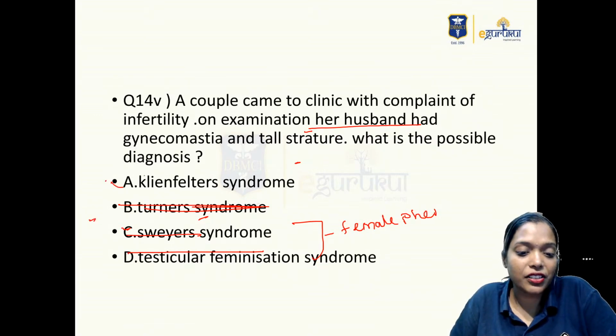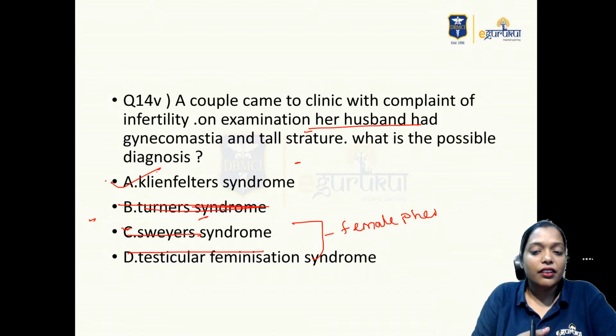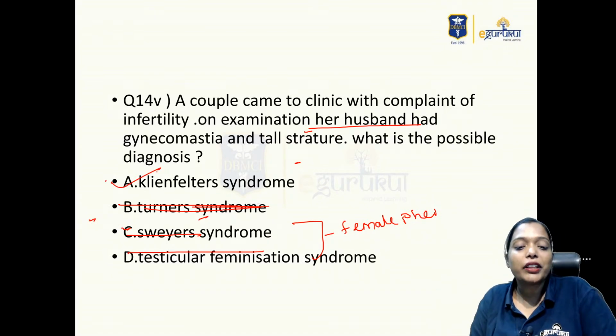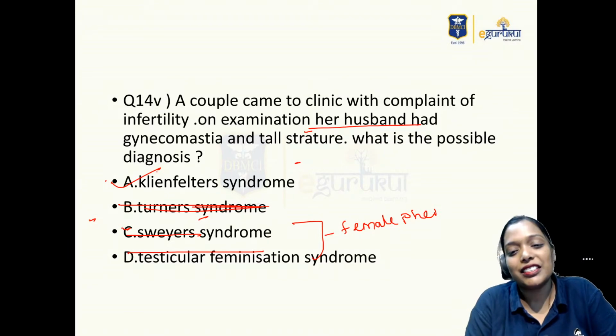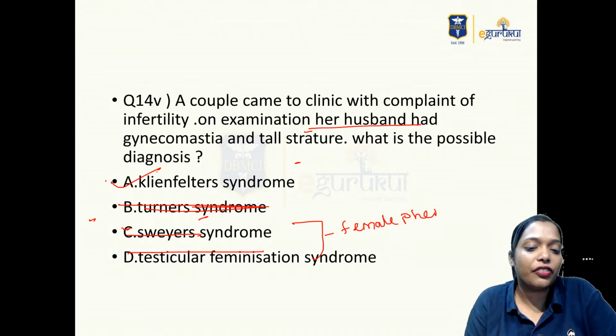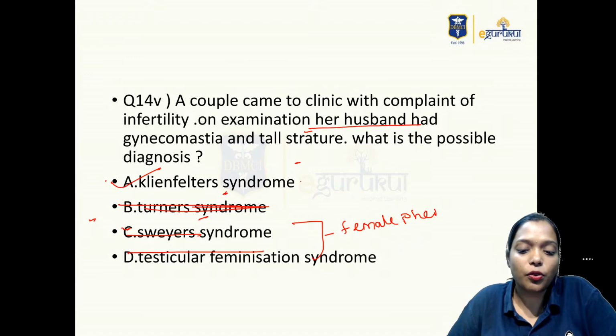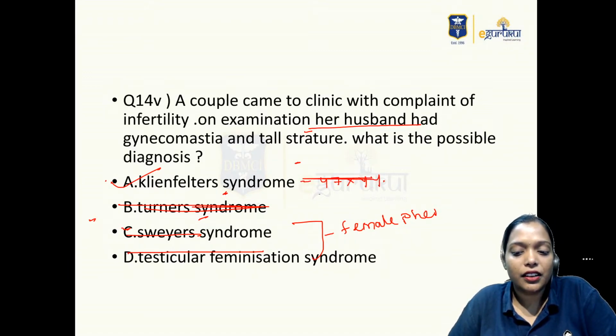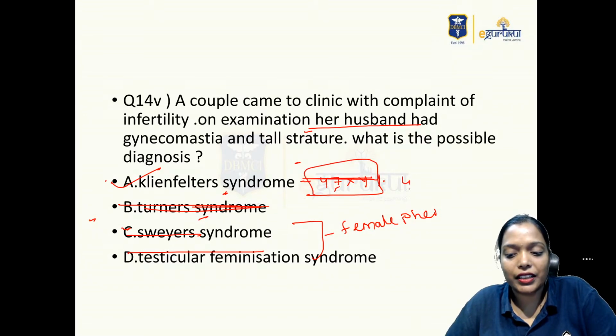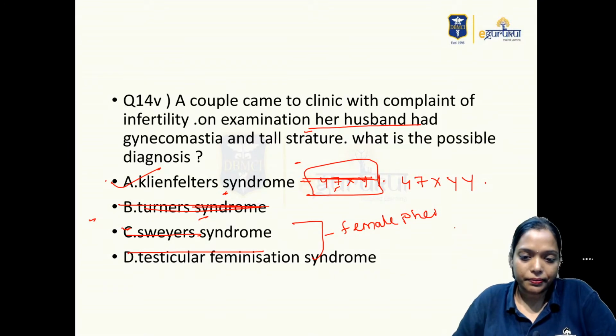So in Klinefelter syndrome, it is a male phenotype with gynecomastia, small testes, tall stature and infertility. Klinefelter syndrome is 47XXY.